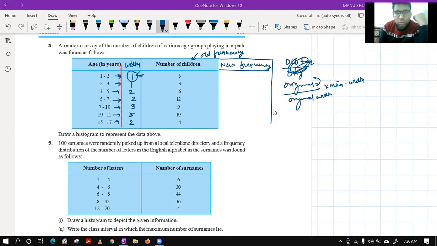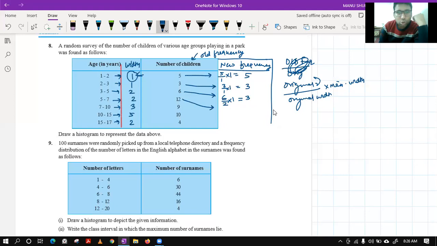Let's put the value. Original frequency is 5 divided by original width, that is 1, multiplied with 1, you will get the same frequency back, that is 5. In the case of 3, it will be 3 upon 1 into 1, same. Here it will change. 6 upon width is 2, that is original one, into the minimum width, that is 1, you will get 3 as the answer.